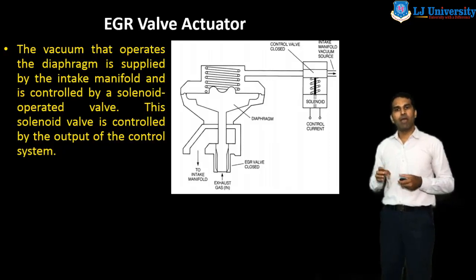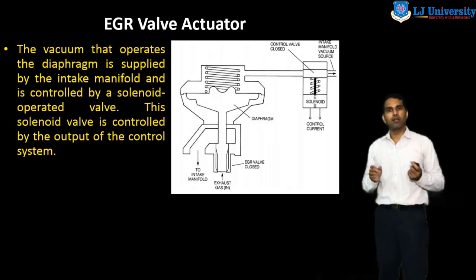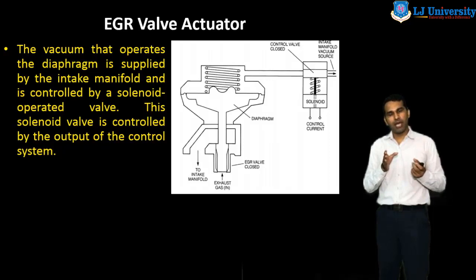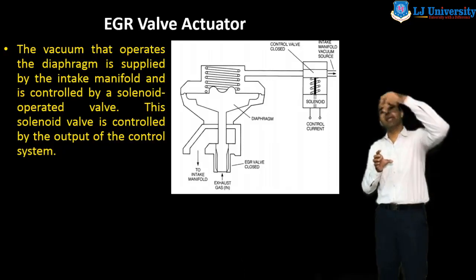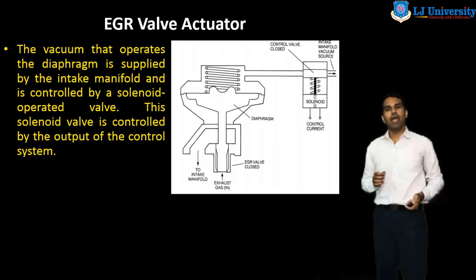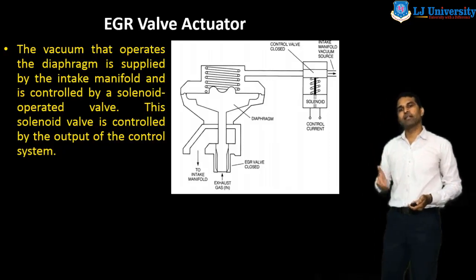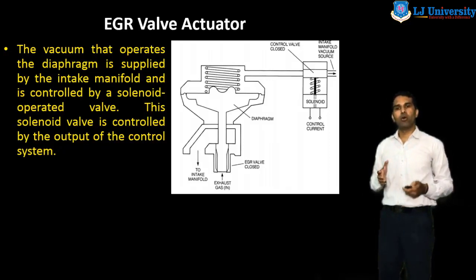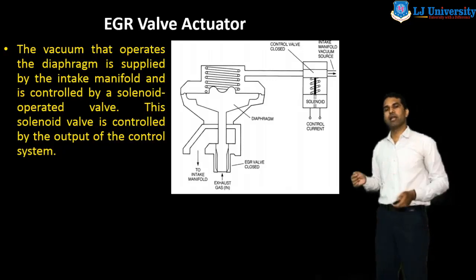When the control valve is open, the exhaust gas enters the intake manifold, and when the valve is closed, no exhaust gas enters the intake manifold.